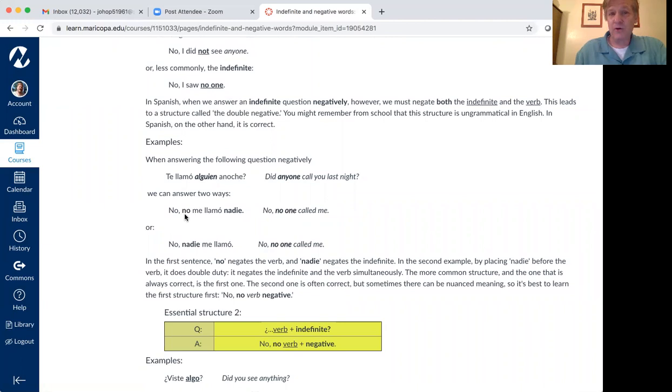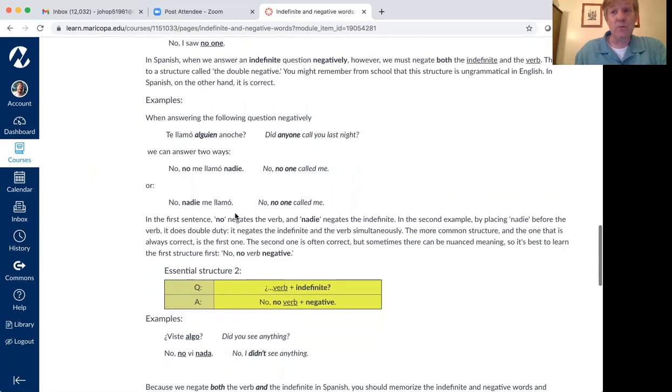This first no negates the verb. The second no, nadie, negates alguien. We must negate the verb and the indefinite. We can do both at the same time if we put the negative word in front of the verb. No, nadie me llamó. So we can say, no, no me llamó nadie. No, nadie me llamó.